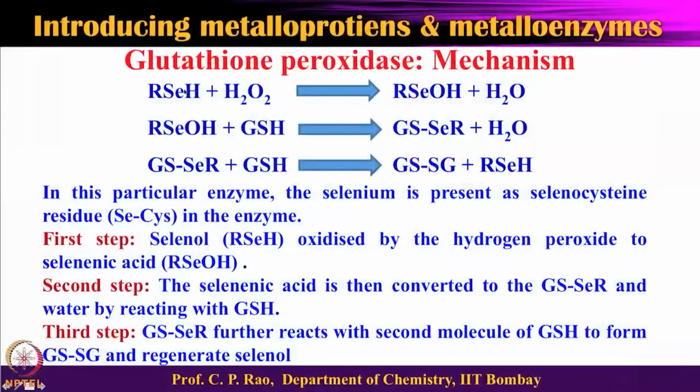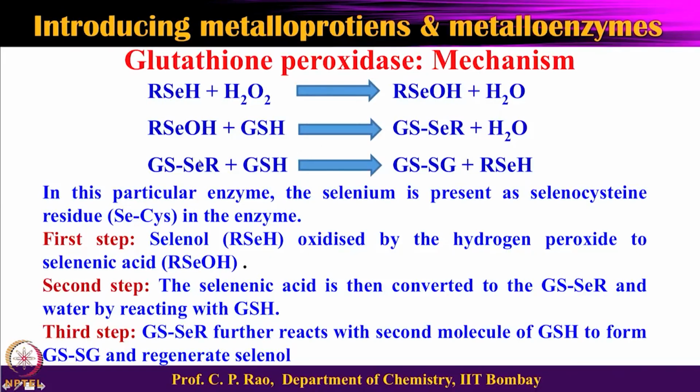This selenic acid further reacts with the glutathione, and an exchange will happen. So, the GS with SeOH loses the water. Okay. So, it is basically a kind of condensation reaction.